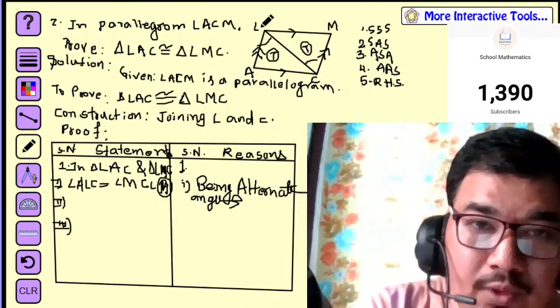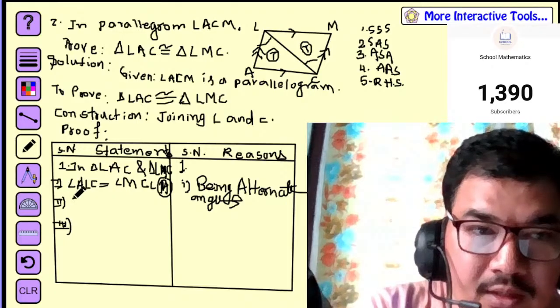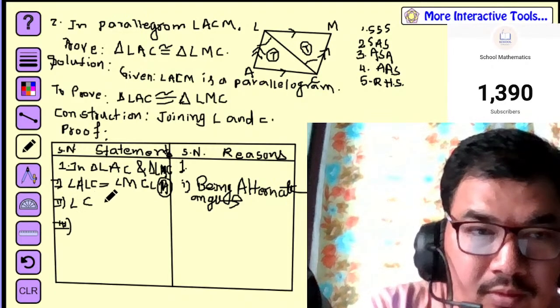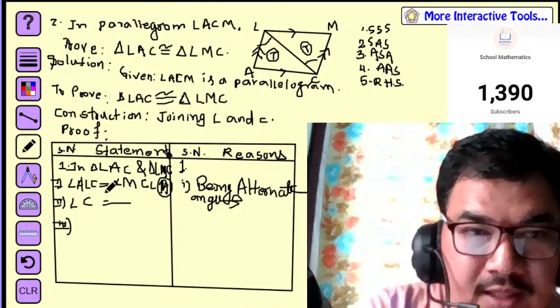And number two, we know LC, this middle one, equals CL. LC and CL are equal.